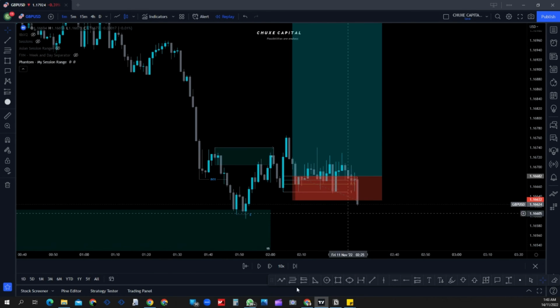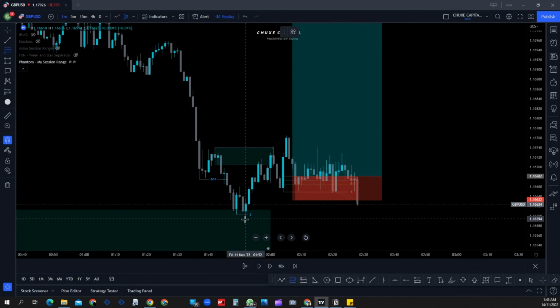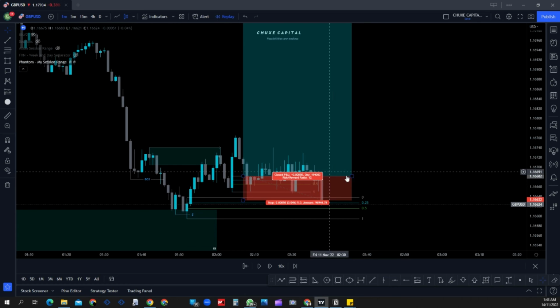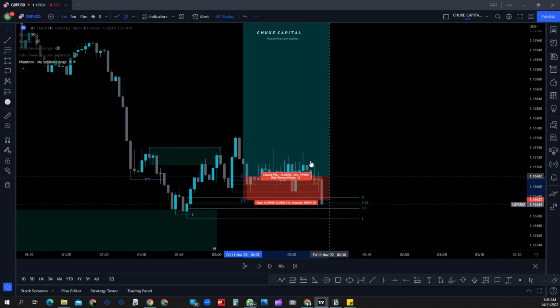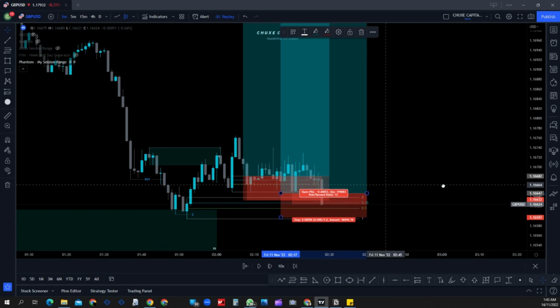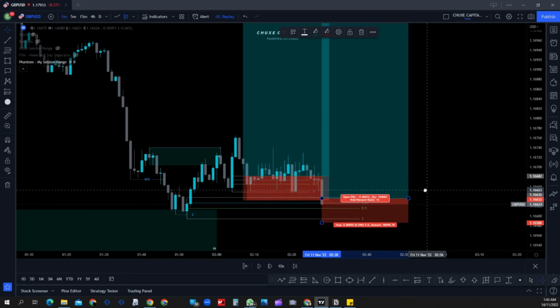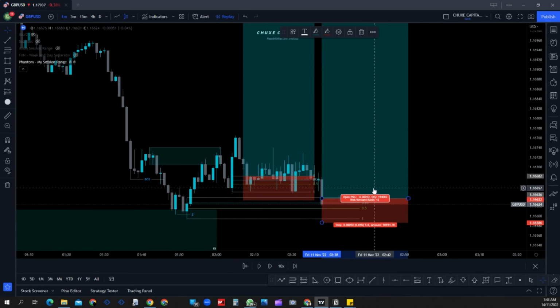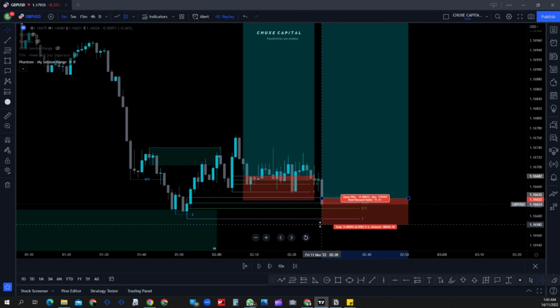So then maybe we look at the string. This is 6 big SL.